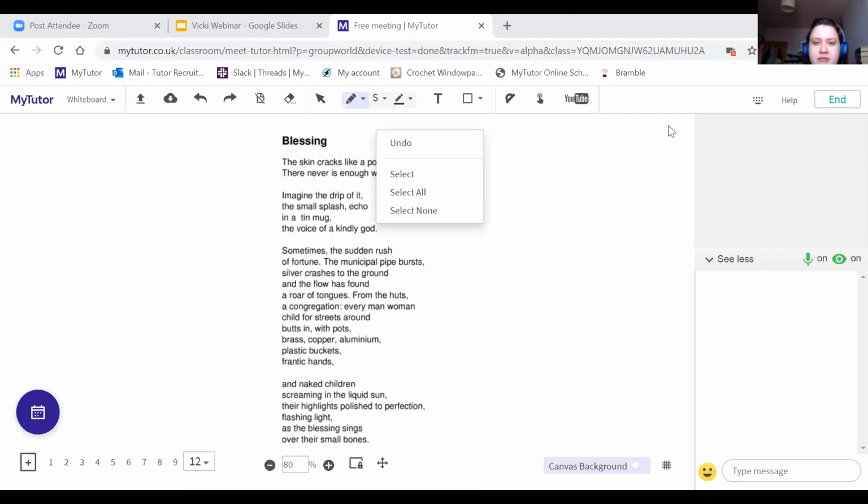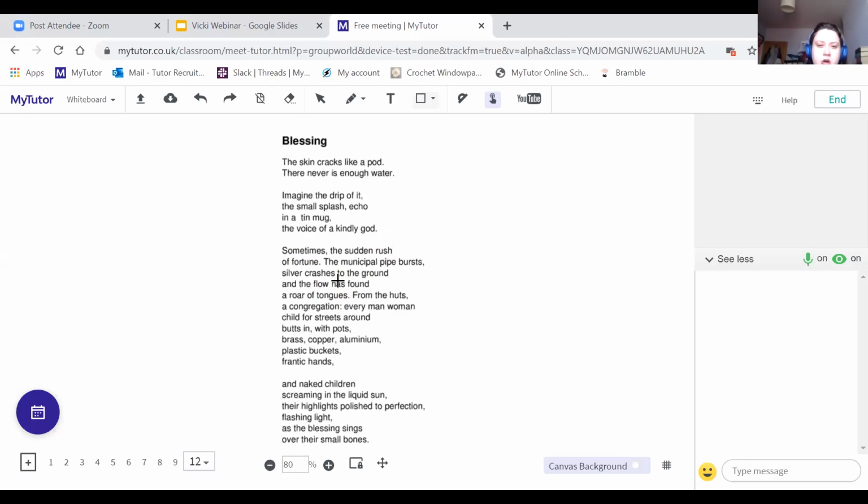Yeah, so we've got some enjambment. We've got some enjambment here. We've got a caesura here. I think we've only got the one caesura.